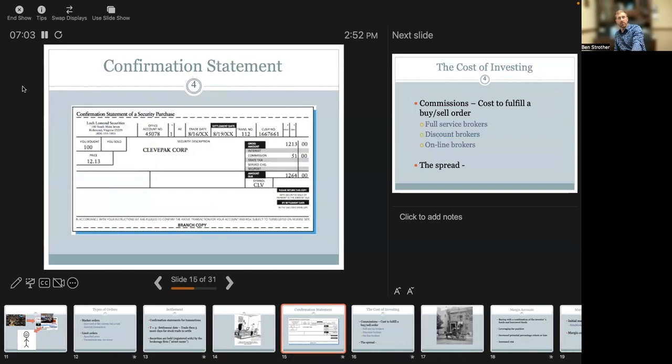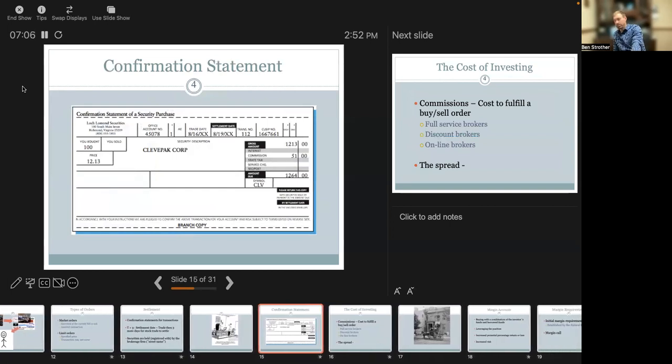Little joke there. These confirmation statements are kind of old hat. They're mentioned in the text and there are pictures of them, but you can see an example of what that would look like, between the cost of the product that you're buying and then the commission cost. And it's interesting because you may have heard of Robinhood, the trading app. That's really changed the way that trading on the market is seen.